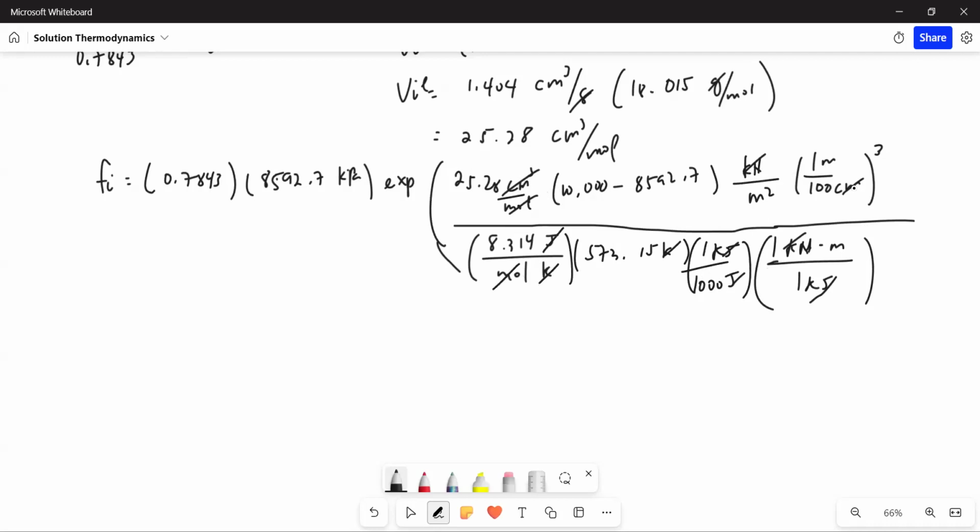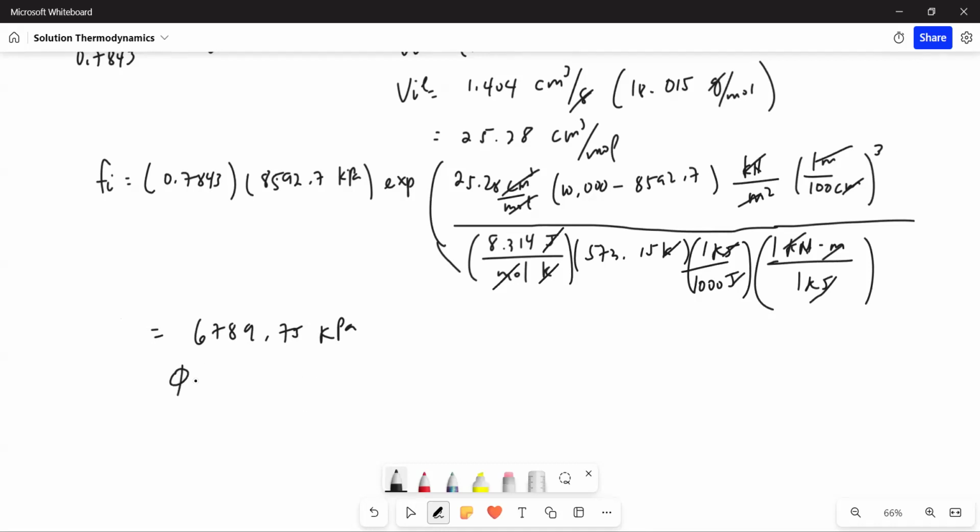Meter cube would also cancel: meter squared here, meter here, so this is meter cube. We now have a dimensionless quantity, and fi is equal to 6789.75 kilopascals.